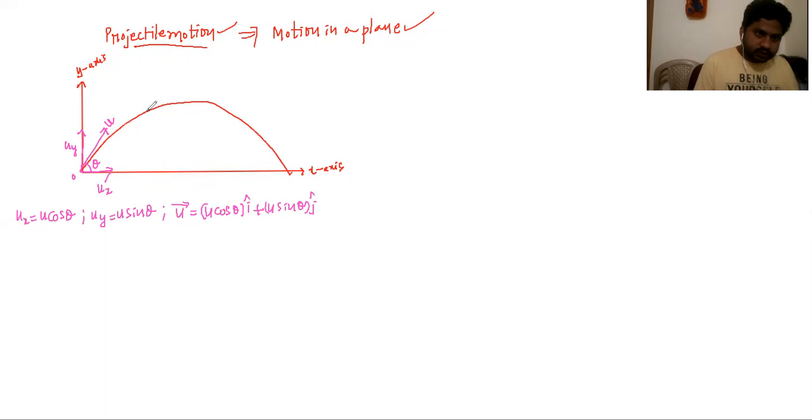So let us concentrate on this position. We are just doing a quick recap, my dear students. At this position x comma y, at some instant t, what are the coordinates of the body? So this is x, from here to here. Horizontally, the body has traveled a distance x at an instant t.